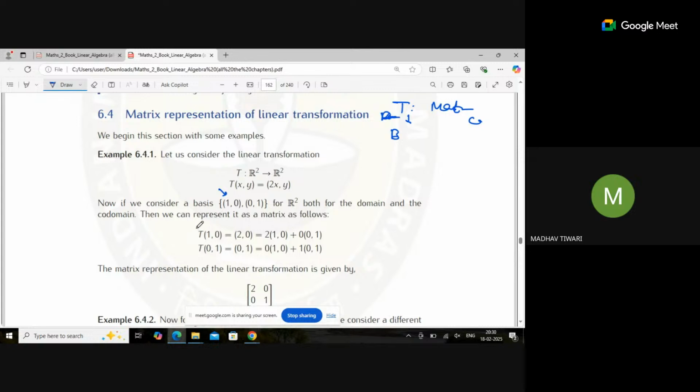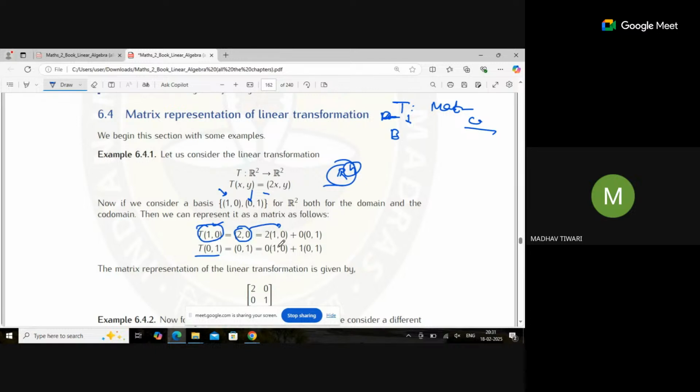If you apply the transformation on the first vector, it will be transformed to this. You can write it using the basis of the codomain space, as a linear combination of the basis. The same you can apply on the second vector and so on. If it is Rn, you can write all the n vectors in this form.